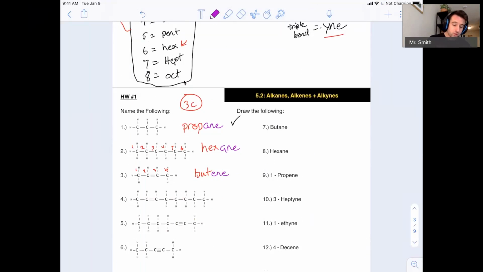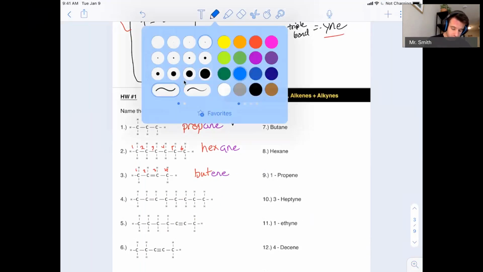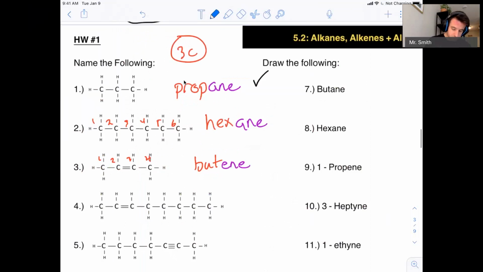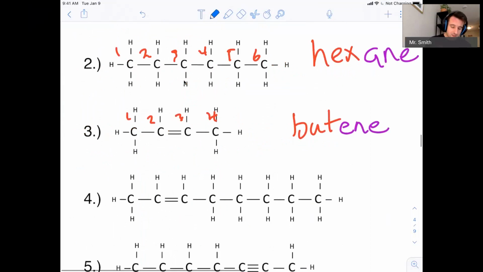Now, one of the things you'll notice here, let's change the color and zoom in a little bit on butene, is that I could number these outside to in. I've got the first carbon on the end, and then the second carbon is on the interior. Since the double bond is between the second carbon and the next one, if you're numbering from left to right, it's on the second carbon. If you number from right to left, it's also on the second carbon.